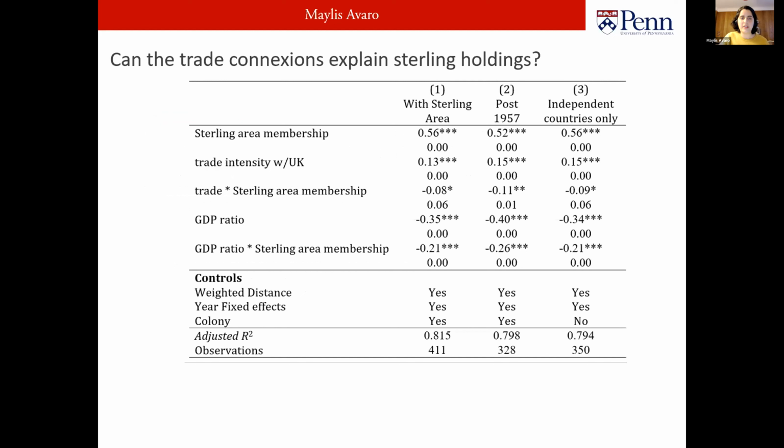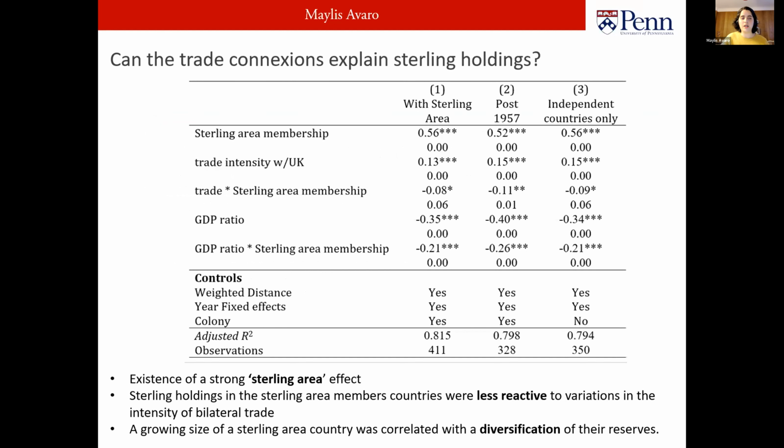My results are actually pointing toward a very strong sterling area effect, which is coherent with the graphical evidence. But what is really interesting here is to see that sterling holdings in the sterling area member countries were less reactive to variation in bilateral trade. If you see the coefficient for trade intensity with the UK, it's positive for European countries.